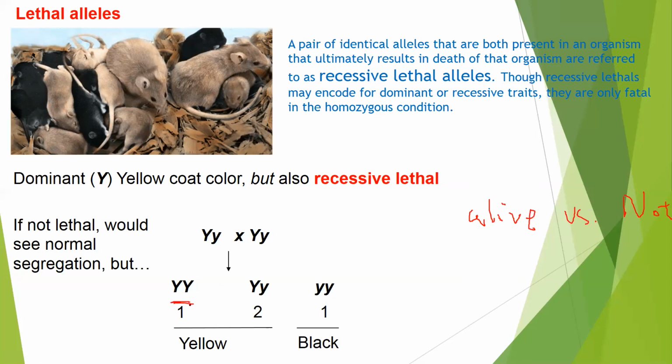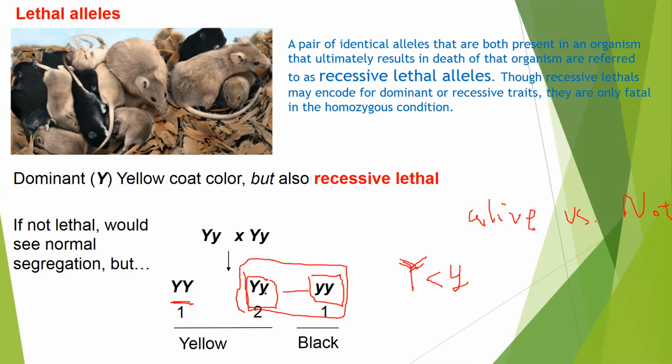This one cannot survive, but these two can survive, right? Do you agree? If you look at this phenotype, the heterozygous has the same phenotype as this homozygous. So which one is dominant in terms of the second phenotype? The little y is dominant to the big Y. Do you agree?